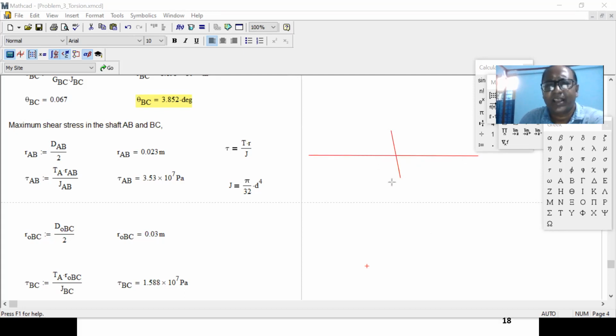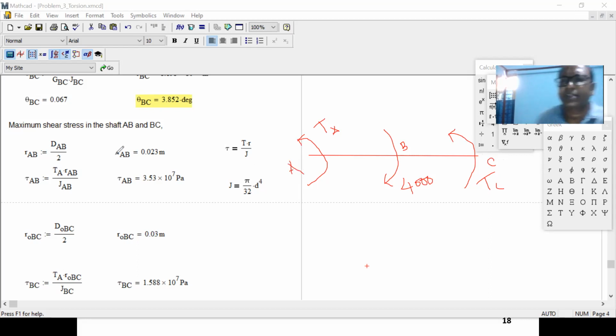At the middle, this is 4,000, and right over here, anti-clockwise TA, and right over here, anti-clockwise TC, and this is 4,000. This is point B, this is C, this is A.